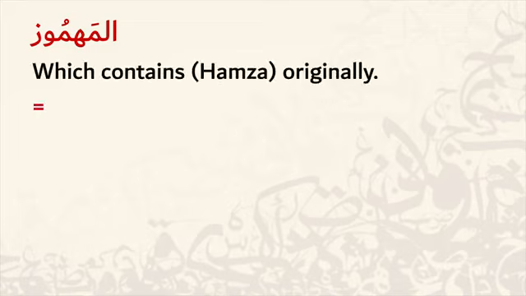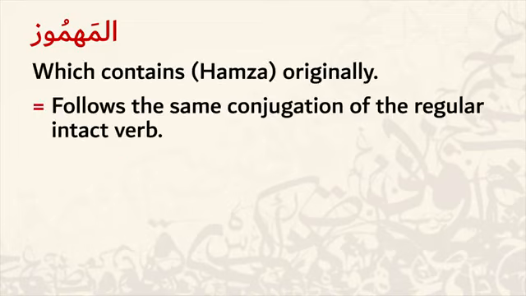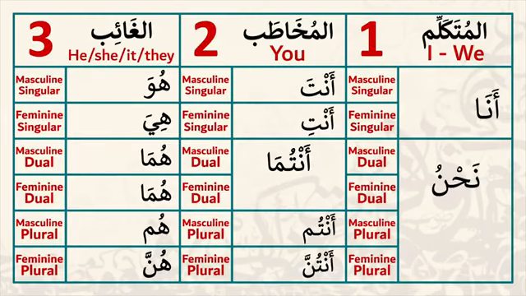The second type of regular verbs is al-mahmuz, which has hamza originally. This verb follows the same process of the intact verb in past tense. Let's conjugate the verb سأل together. Here is the pronouns table once more. Let's begin with تاء الفاعل for first person singular.